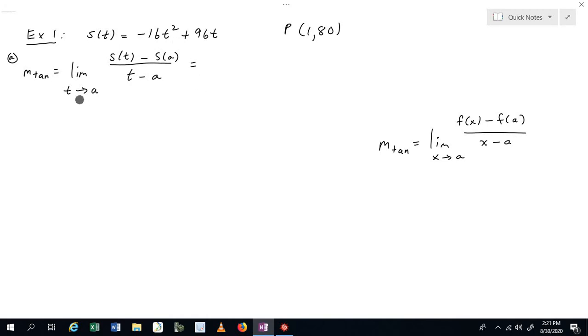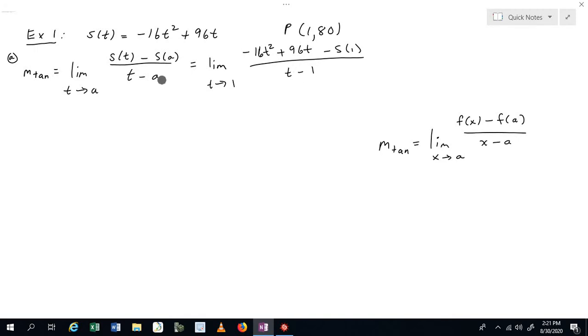Okay, so let's find this limit. So it's the limit as t approaches 1, because we're approaching this point t equals 1. And s of t is this position function, minus s evaluated at 1, all over t minus 1.